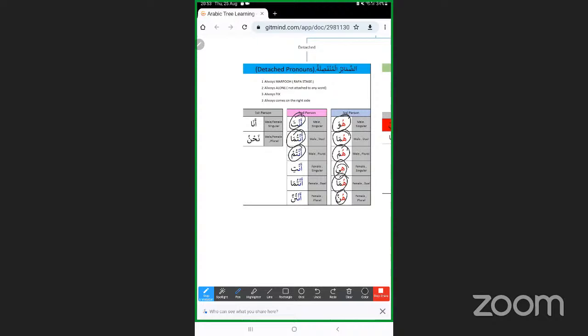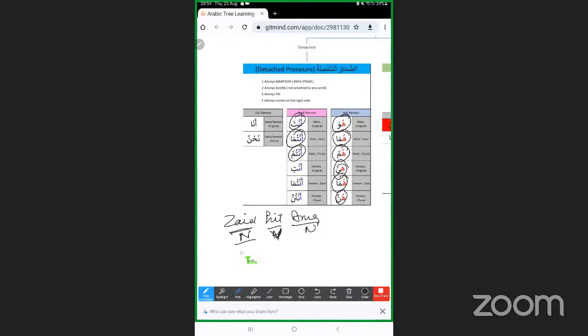Now see, I will give you one example. Be with me. Zaid hit Amr. This is English, right? Here hit is a verb. Zaid is a noun and Amr is a noun.